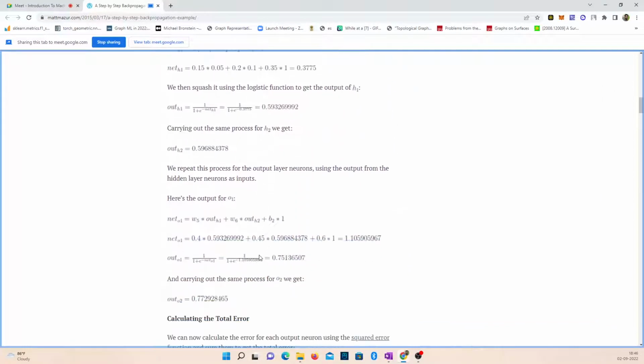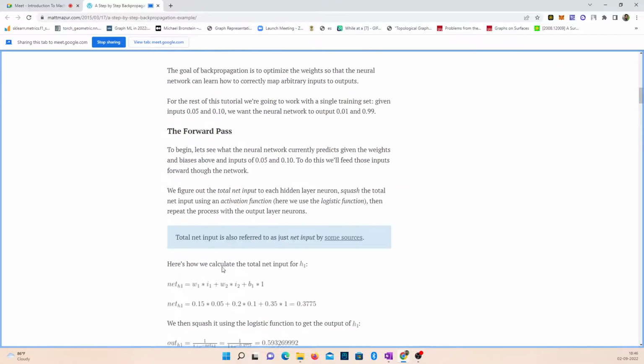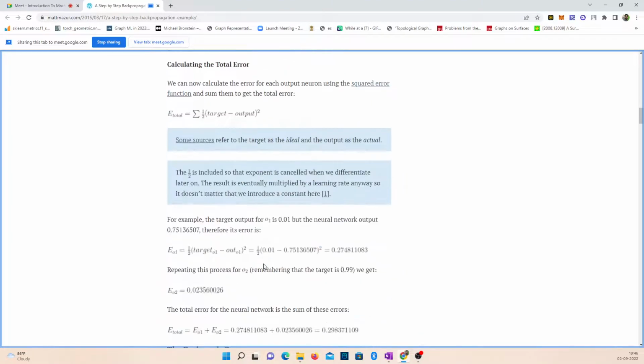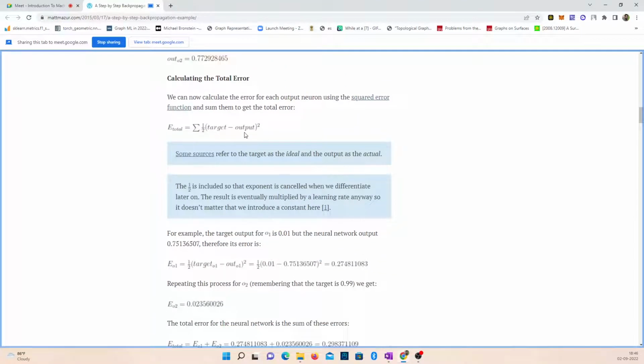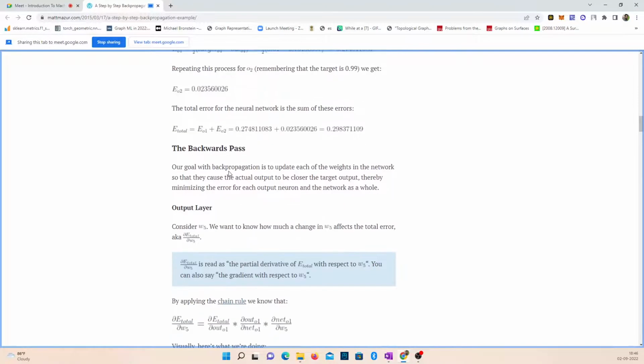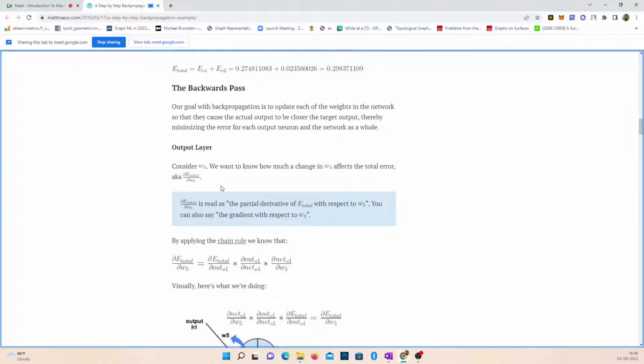Based on that, he has calculated some error, and his activation functions over here are sigmoid activation functions, which I'll cover in a minute. Because he had only one data point, he has calculated the error. Now how do we go to the update of weights?